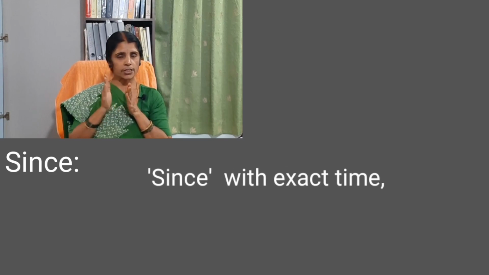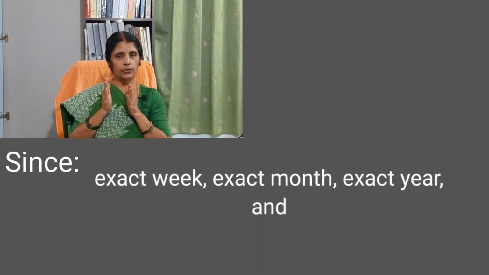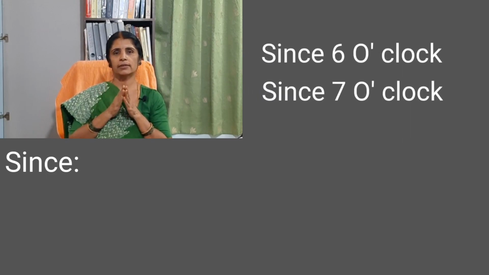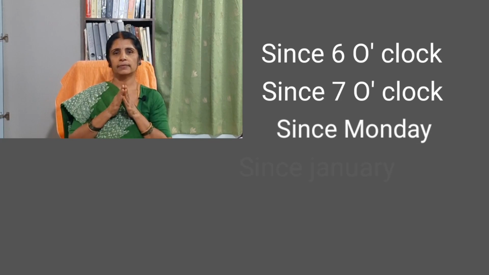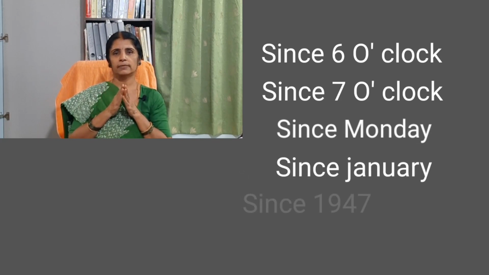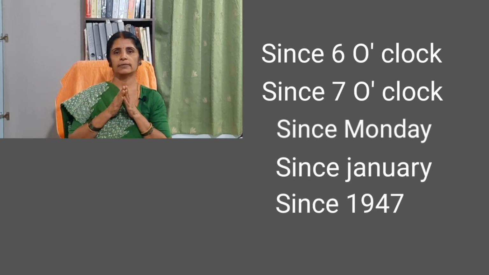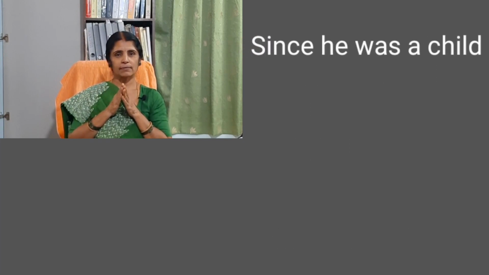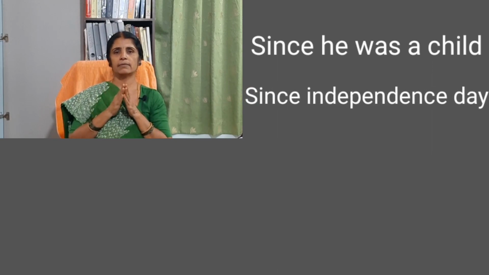Since with exact time, exact week, exact month, exact year, exact occasion. Since 6 o'clock, since 7 o'clock, since Monday, since January, since 1947, since Ugadi, since he was a child, since Independence Day, etc.